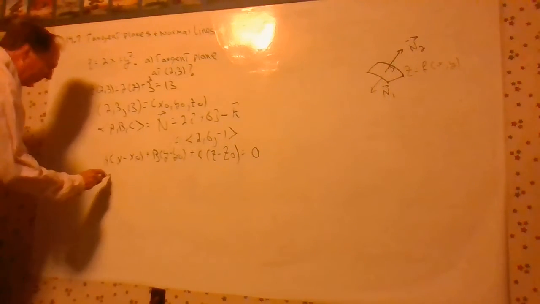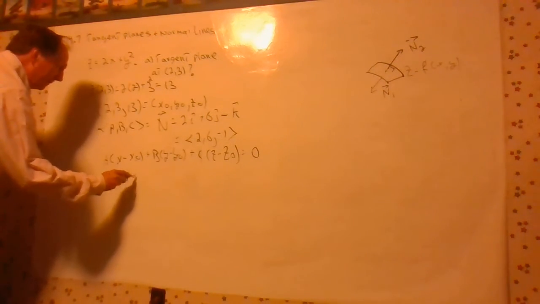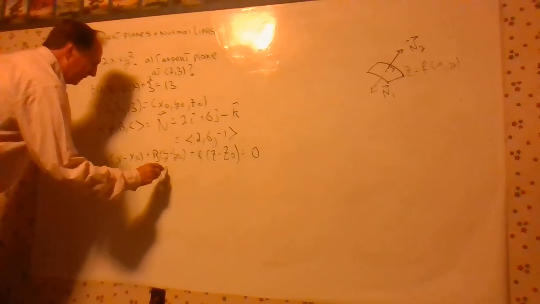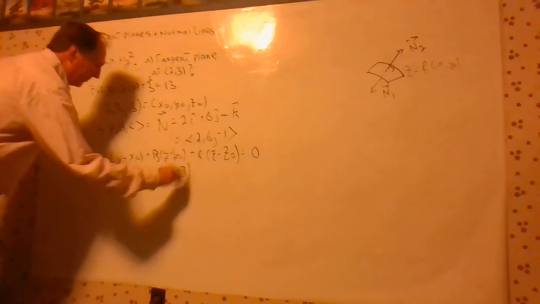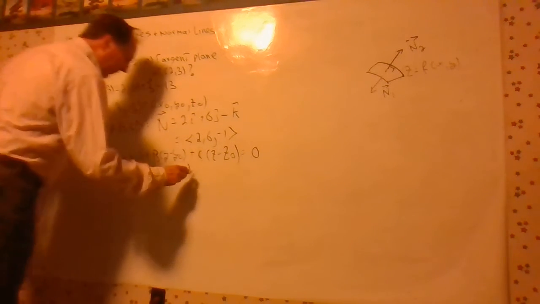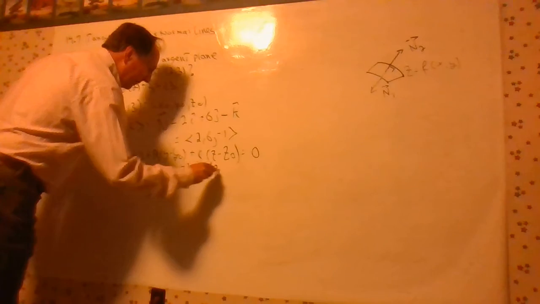And so we have 2 times x minus 2 plus 6 times y minus 3. C is negative 1 times z minus 13 equals 0. And that's our tangent plane, give or take some simple algebra.